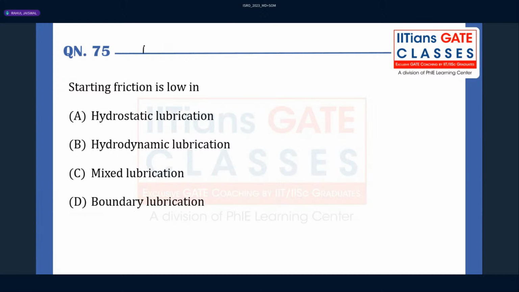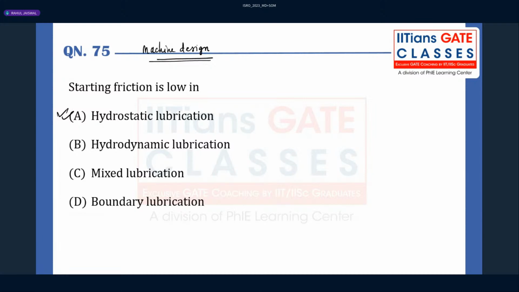Here we will be starting the machine design. See why different. Static friction is low in hydrostatic lubrication. Why? The very big question is why static friction is very low in this particular hydrostatic bearing?